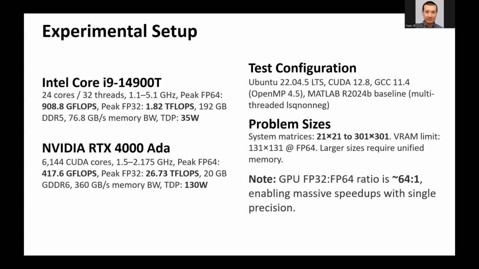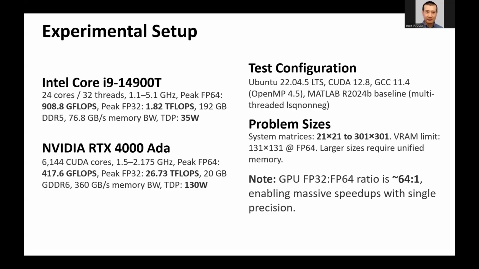For our evaluations, we have tested the accelerated algorithms on two platforms. One is with a CPU, the other one is based on a GPU. One thing we should notice is that to enable very large size system matrices on GPU, we have to use the unified memory feature provided through CUDA.